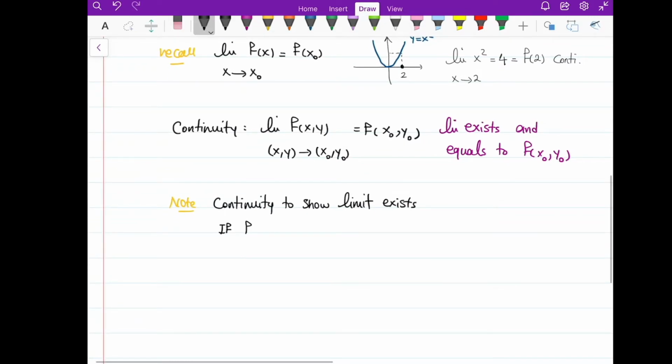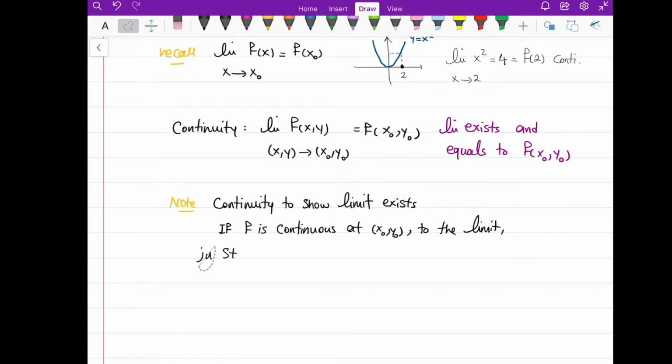If the function f is continuous at a point x naught and y naught, to take the limit, just plug x naught and y naught into the function f.